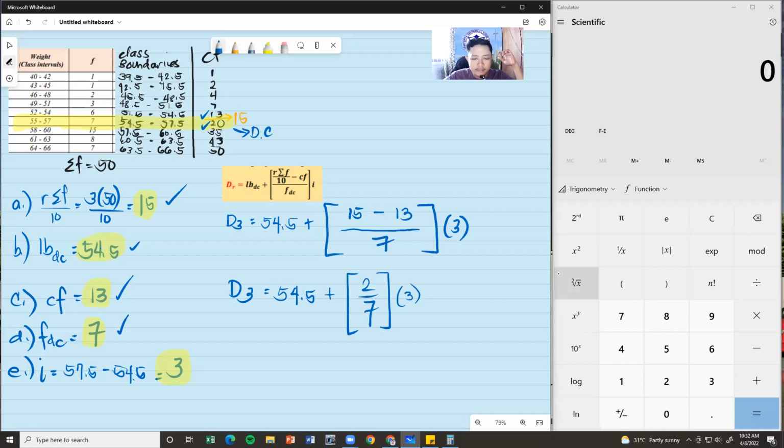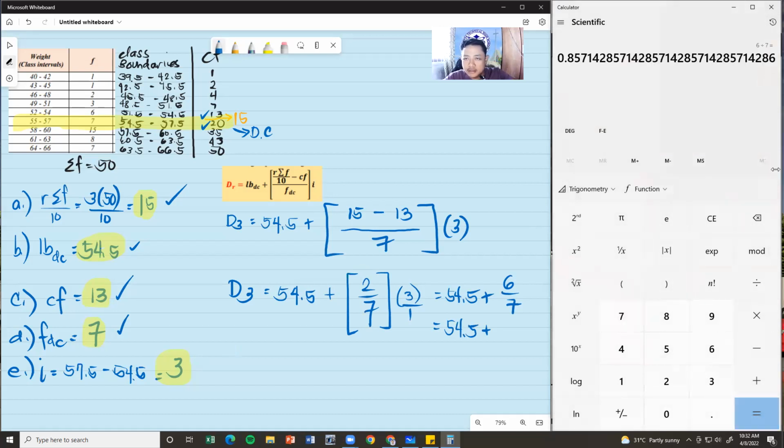So this will become 6 over 7. So this will become D3 is equal to 54.5 plus 6 over 7. 6 divided by 7 is 0.86.